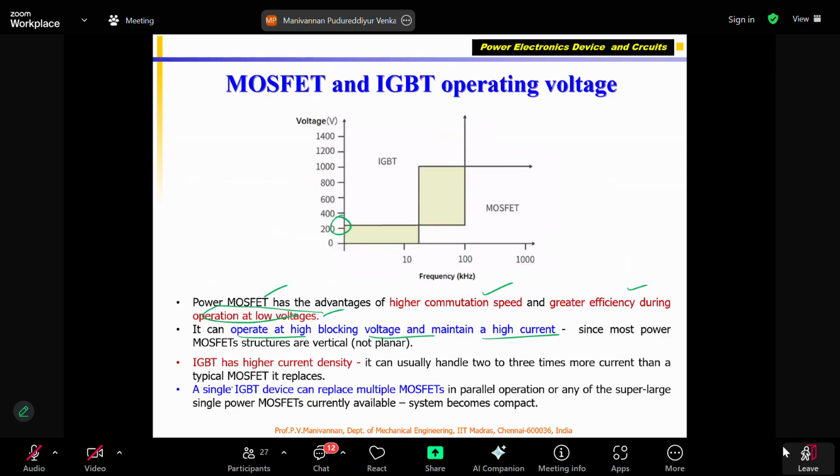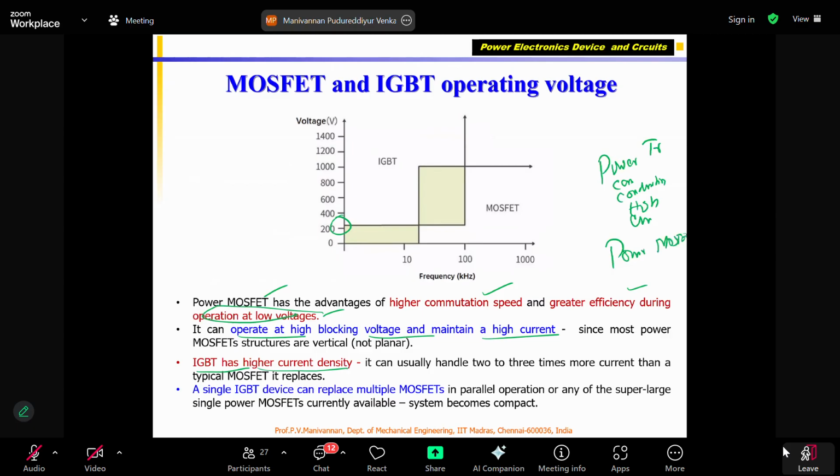If I want to operate at higher frequency, correct, then I have to go to the IGBT. The IGBT has a higher current density because the output is a power transistor. Note down: a power transistor can conduct high current compared to a power MOSFET.